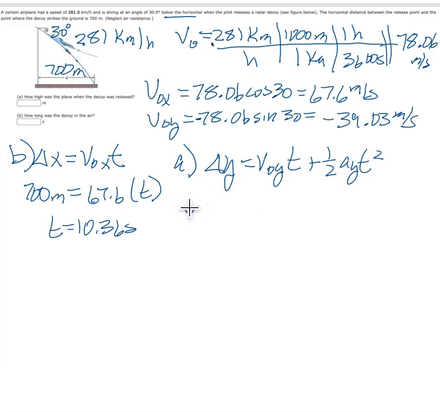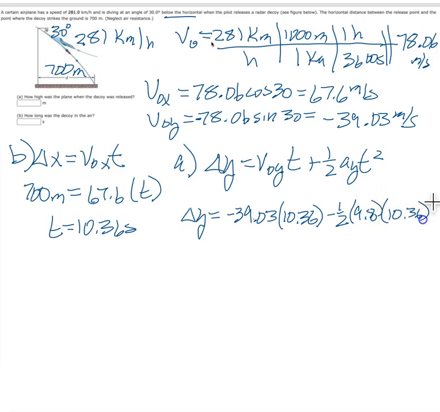So delta y is equal to the original speed in the y, negative 39.03, times the time to fall, which is the same as the time to go left and right, 10.36. Now we have to subtract 1/2 of gravity, which is 9.8, times the time again, 10.36, but do remember that is squared.